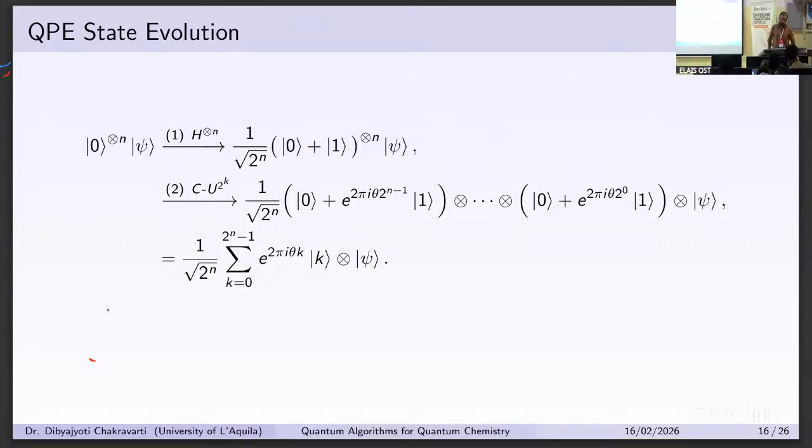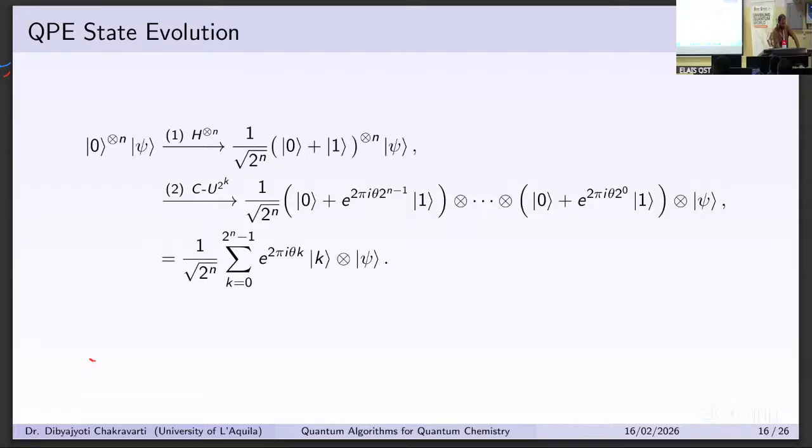So basically, this is what I just explained, shown mathematically. So when the Hadamard acts on the ancilla, it goes to a mixed basis. There is a Hadamard basis, followed by the controlled unitary, which acts on each of the qubits.